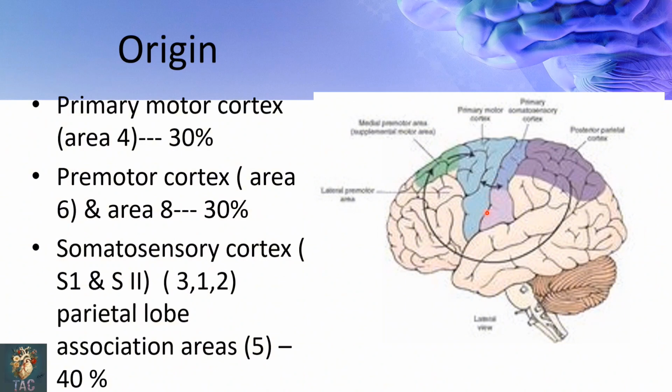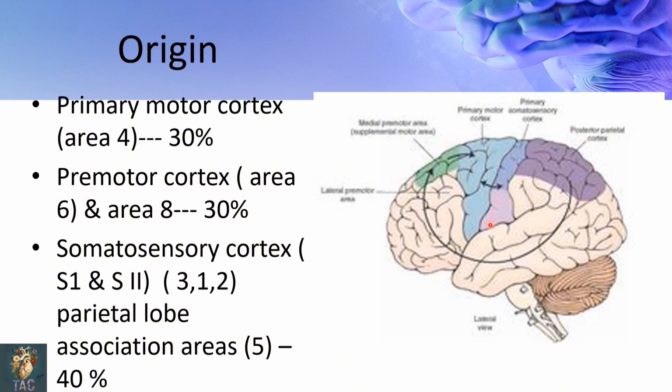Now the origin of the fibers: basically the primary motor cortex, area number 4, from which 30% of fibers come. Then the premotor cortex, area number 6, and area number 8, from which 30% of fibers come. Remember, this is the central sulcus, this is the frontal lobe, and behind the central sulcus is the parietal lobe.